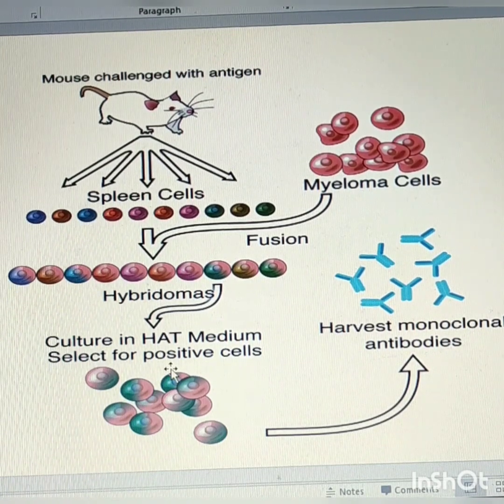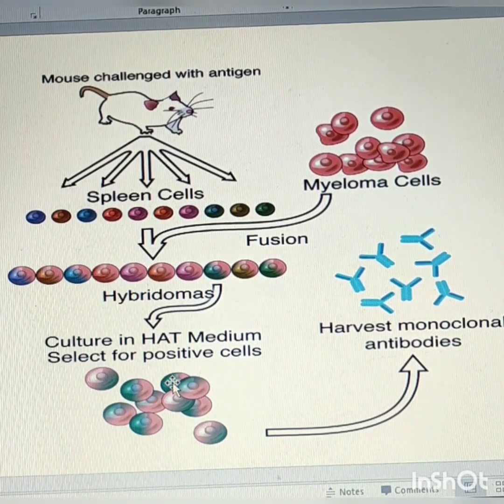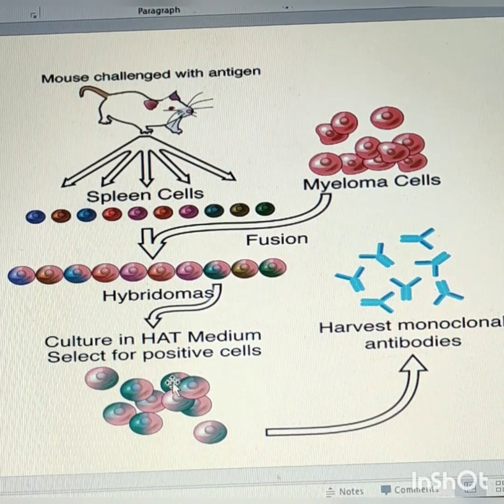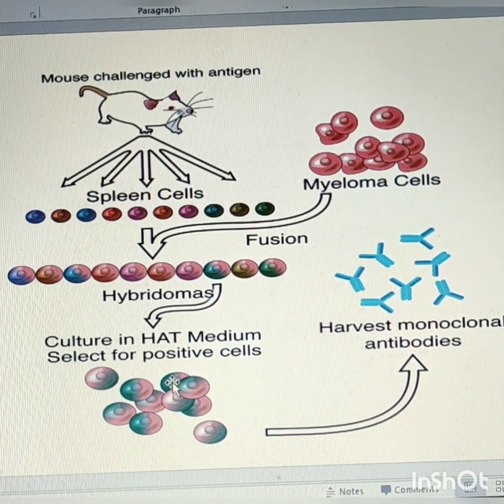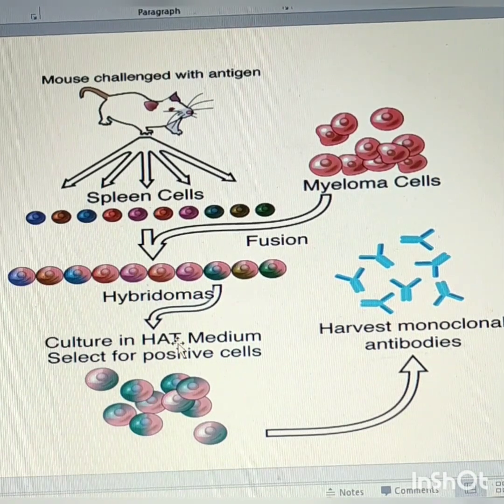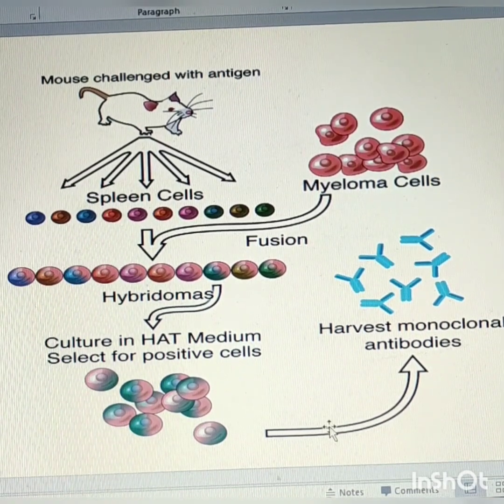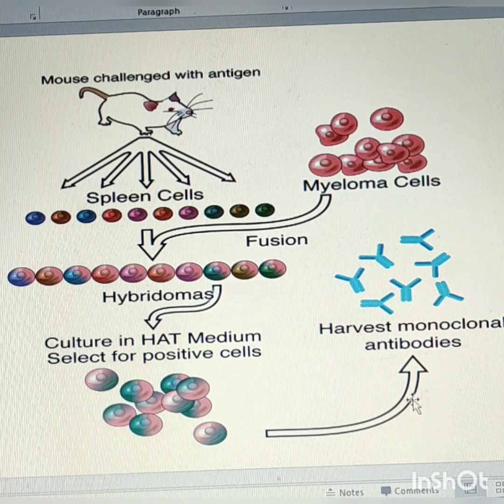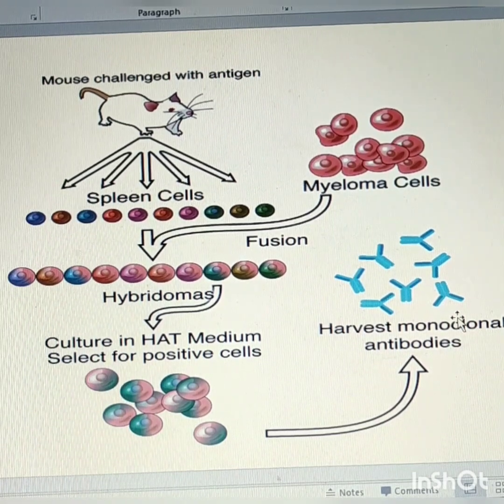This is cultured in a selective medium for positive cells, and we can harvest the monoclonal antibodies from the cell culture.